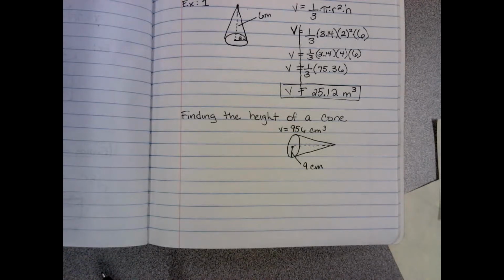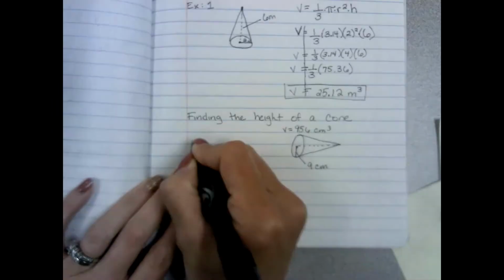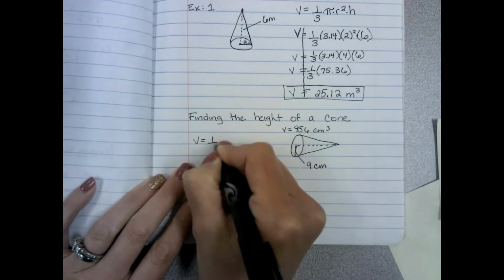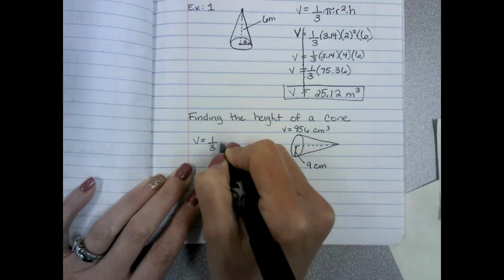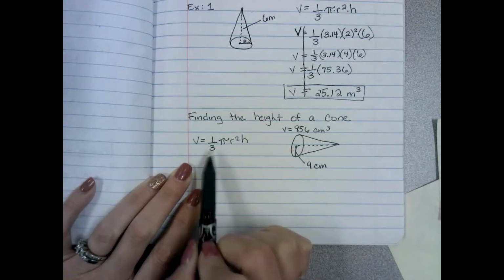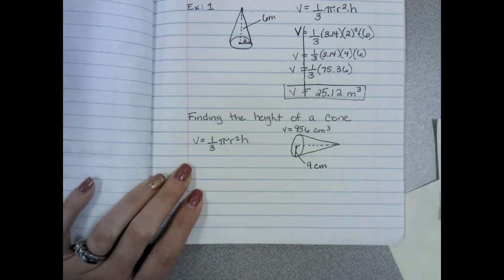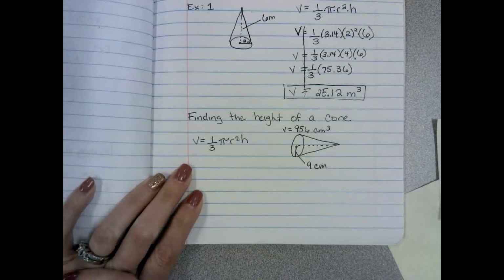As always, the first thing I want to do is write down the formula for volume of a cone. Volume of a cone is 1/3 pi r squared times height. 1/3 times pi times the radius squared times height. Go ahead and substitute what you know.